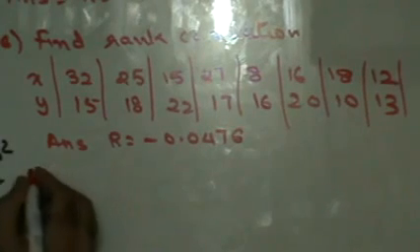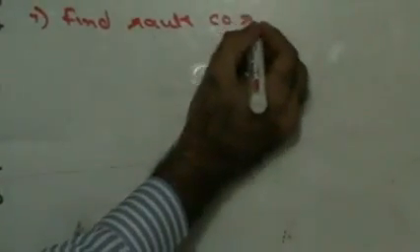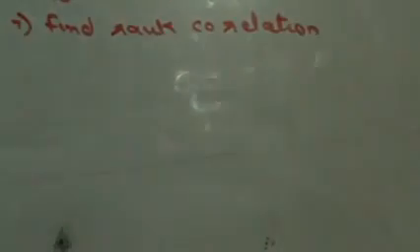Next, let's see another sum. Find rank correlation. The data is 35, 42, 15, 38, 35, 25 for X, and for Y, 12, 18, 17, 19, 18, 20.